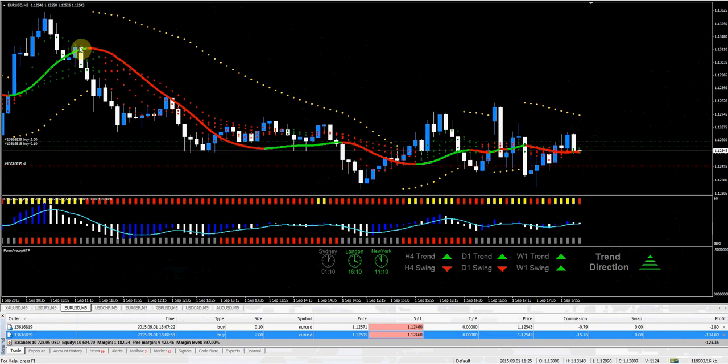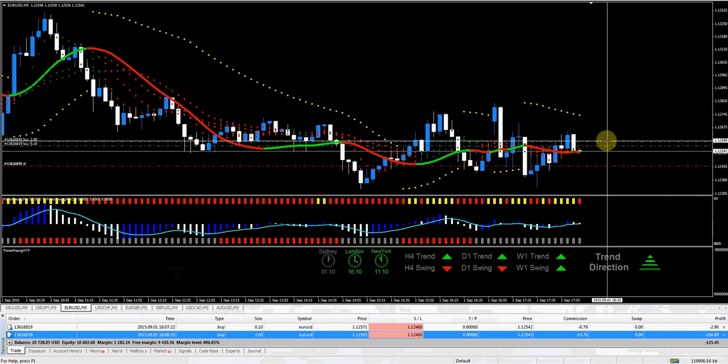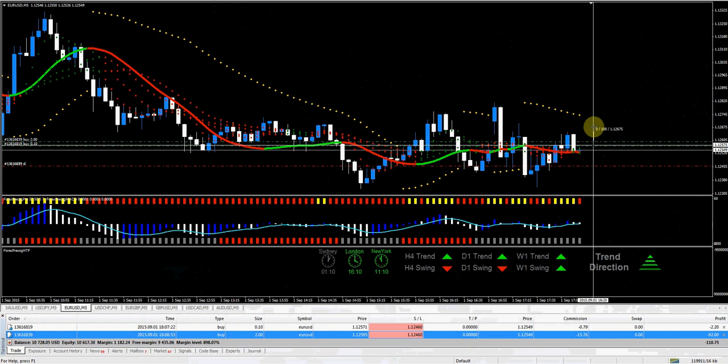And again, this is a 5-minute chart, so a 1-to-1 would be 13. So we're going to place our take profits. We'll do a little higher, about 1.1271.